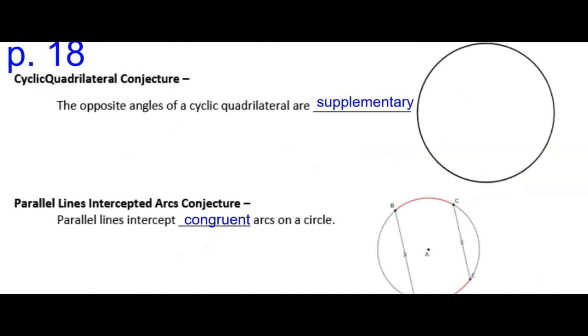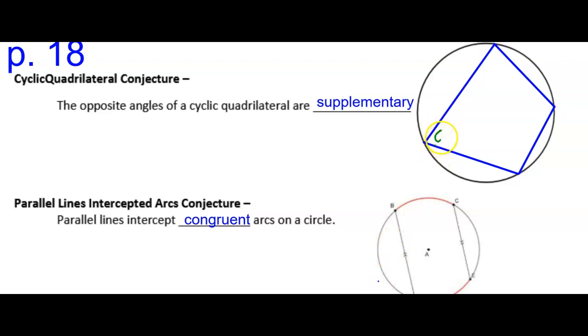All right, the cyclic quadrilateral conjecture says the opposite angles of a cyclic quadrilateral are supplementary. So if we draw a quadrilateral, cyclic just means that each vertex of the quadrilateral touches the circle. So there we go. That would be an example. So then the angles that are across from each other are supplementary.